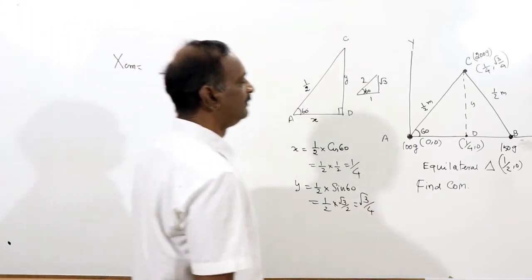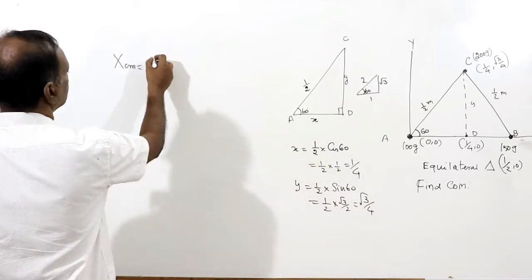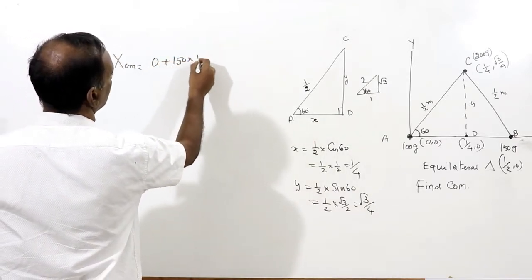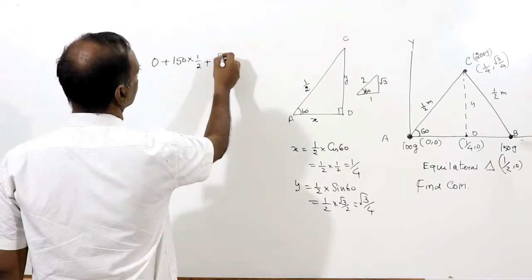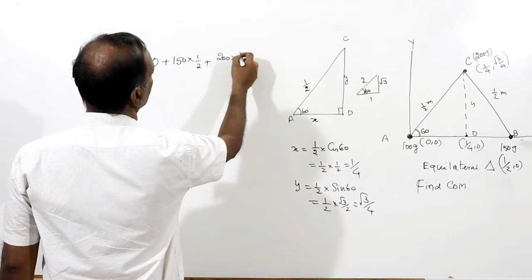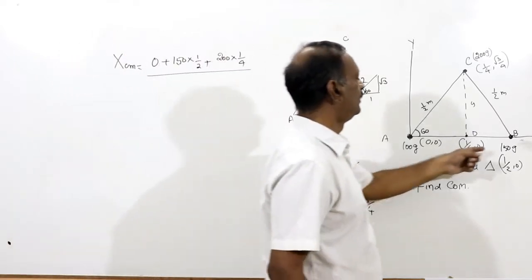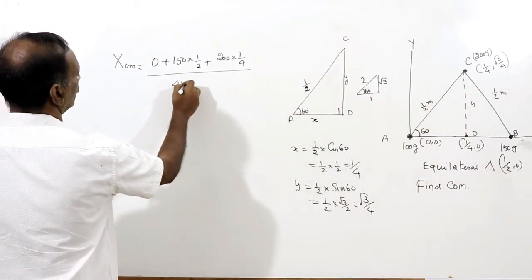The second one, m2, 150 into half, plus m3, which is 200, into x3, which is 1 by 4, divided by the total mass 100 plus 150 plus 200, which is 450.